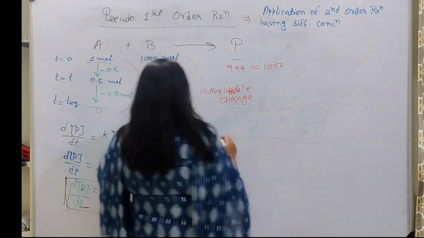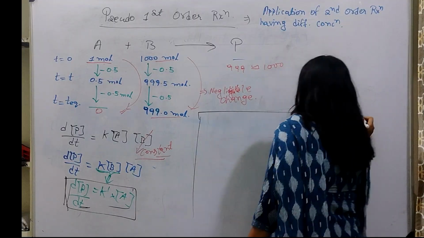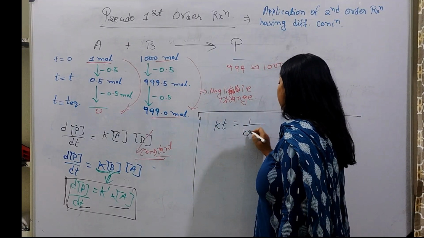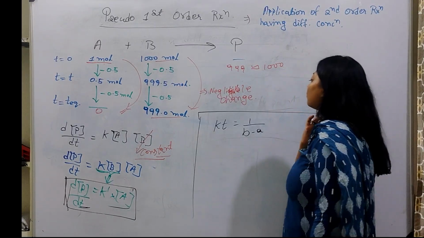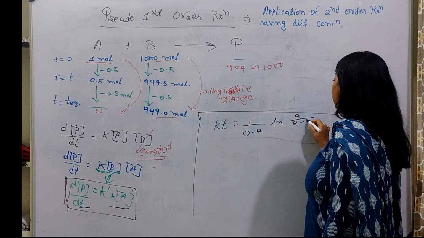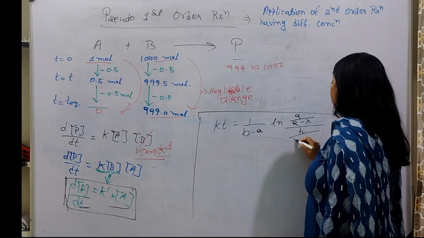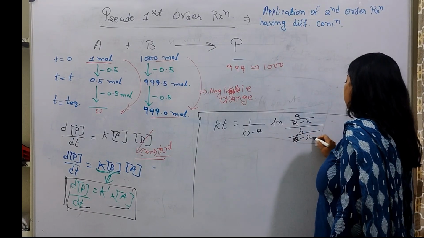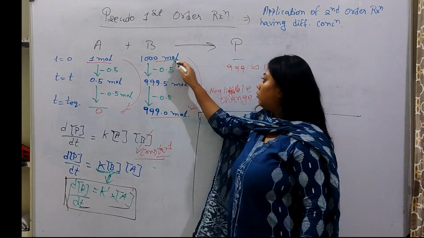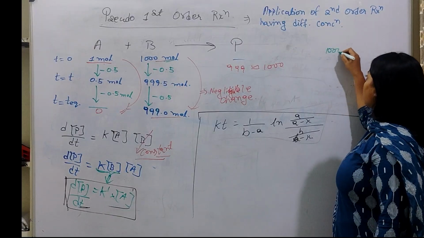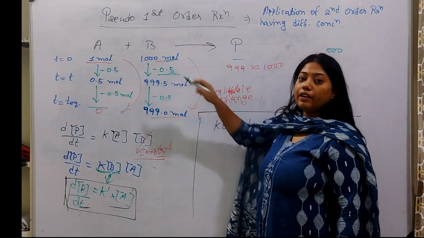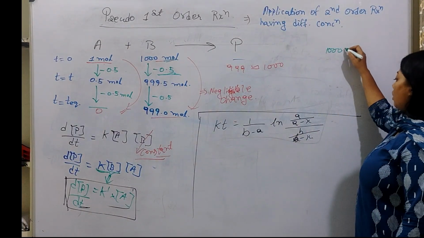Now, as we have the formula, that is Kt equals 1 by B minus A ln A by A minus X divided by B minus X. Okay, we can say that in comparison to B, which is 1000, the change, that is the X value, is very low.